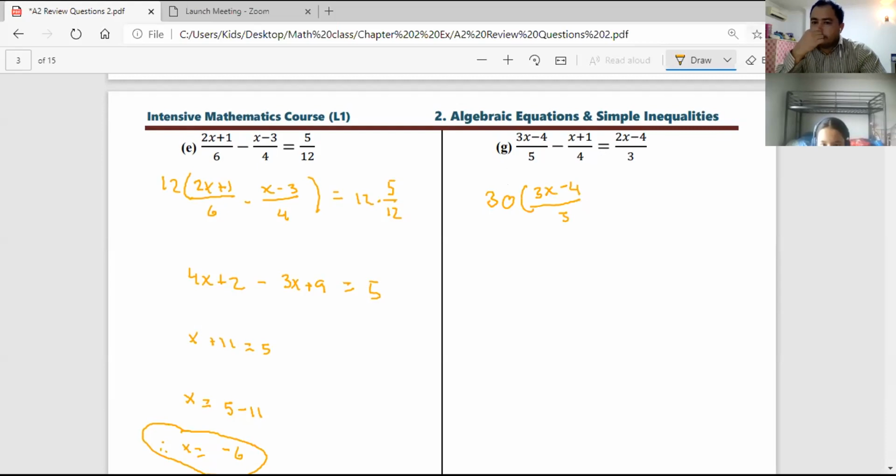Delete it. So this first step, can you just do this mentally? I'm multiplying this by 30, 30 over 5, so I have here 6 times 3x minus 4. Minus here we have, no, not 30, Shahina, not 30, right?